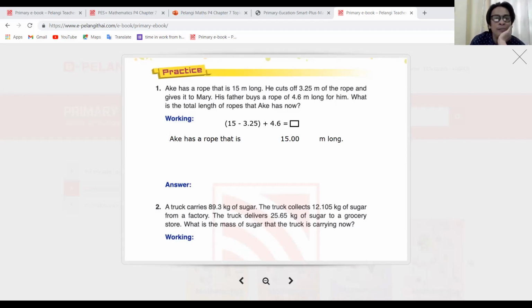Second line of the description part is: he cuts off 3.25 meters of the rope. I don't like to use the words "and gives it to Mary" anymore.